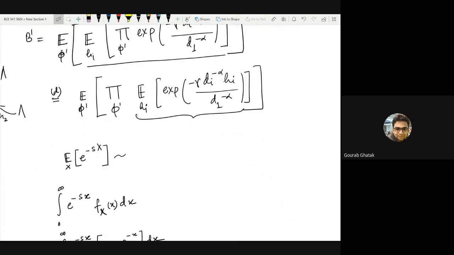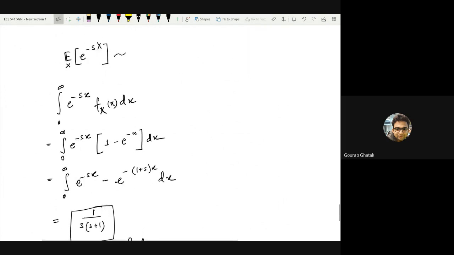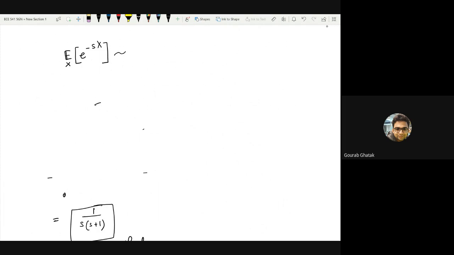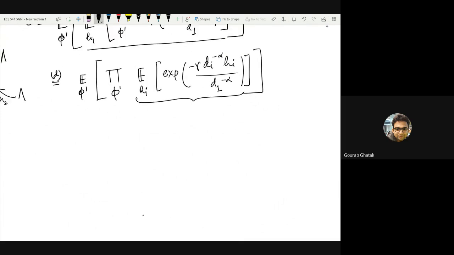So in case we have that result, what we can substitute here, or let's delete all these things. In this case, we have s equal to minus gamma di minus alpha by d1.